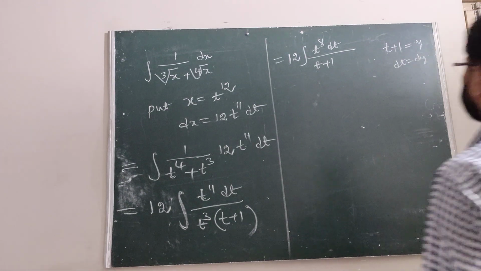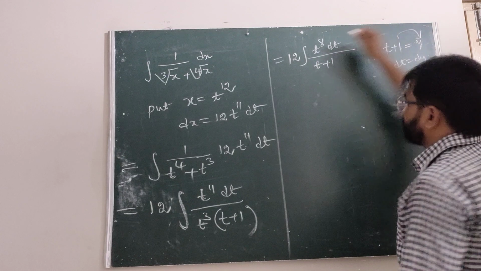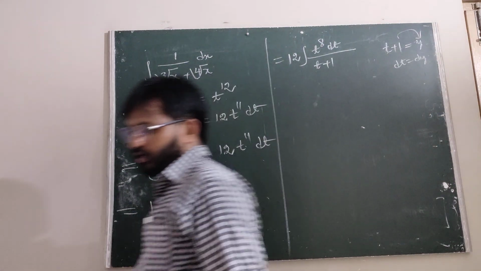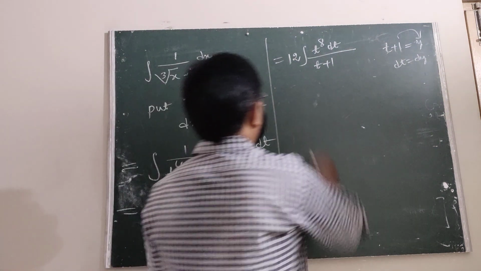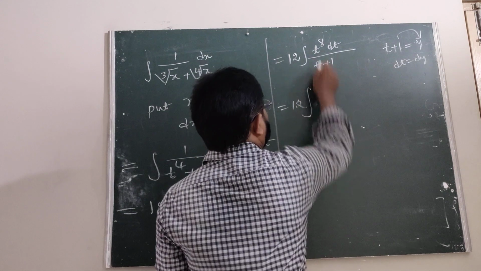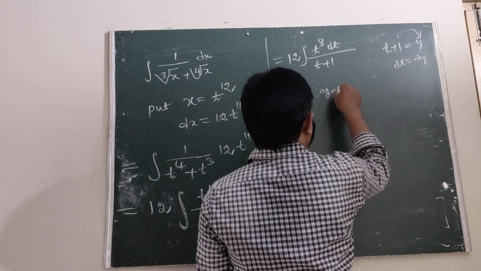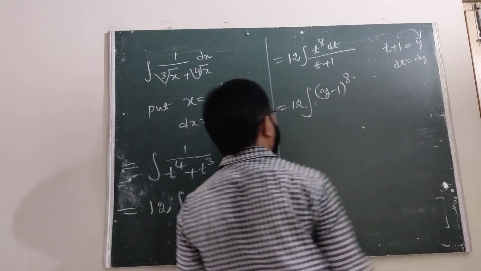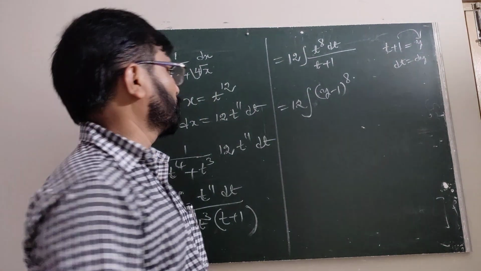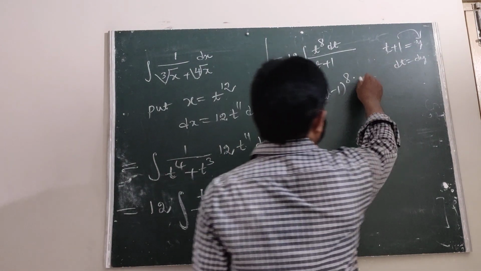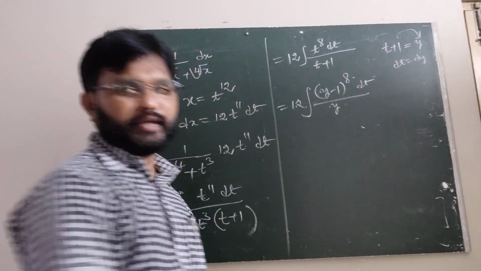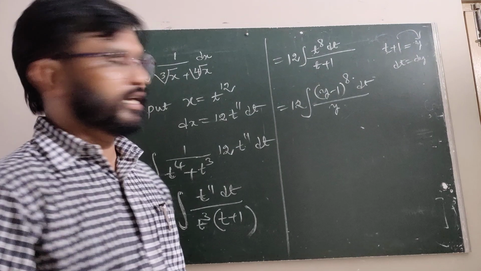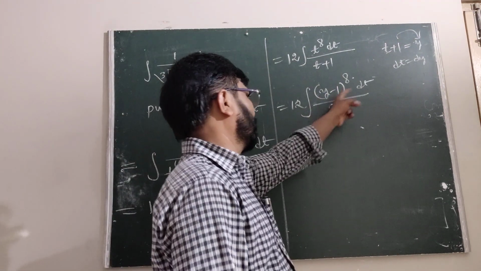What is the t here? t is y minus 1, whole power 8. Therefore this is 12 into integral of y minus 1 whole power 8, dt is dy, whole by y.